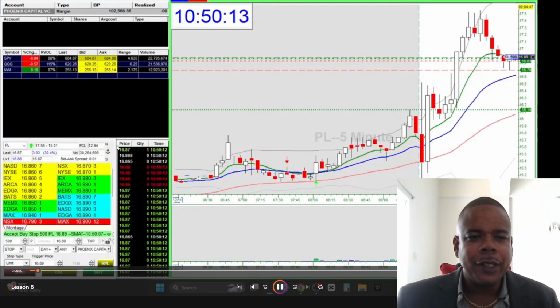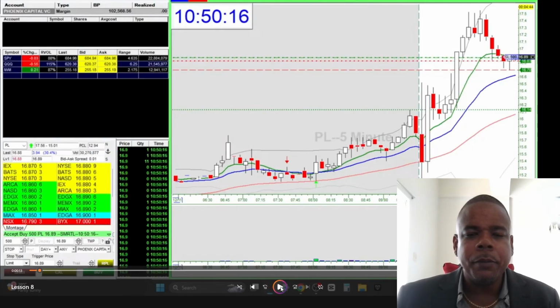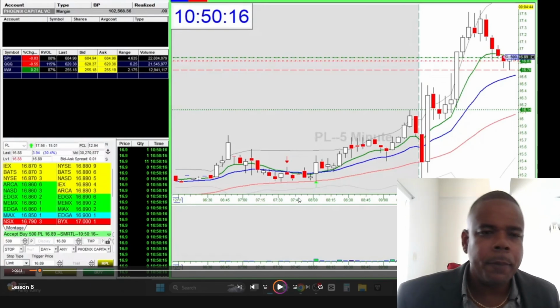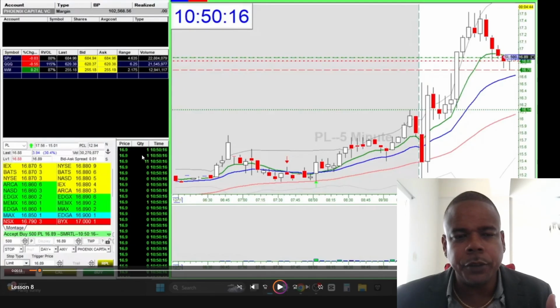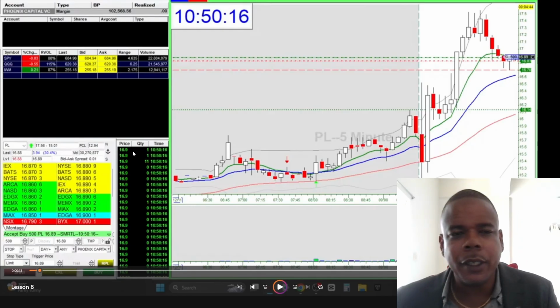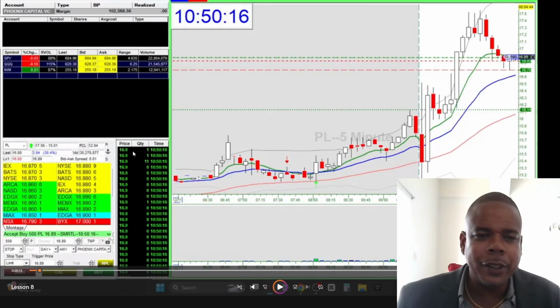Now, this second box: every time shares trade hands from a seller to a buyer, this box shows the transaction. Again, we have to multiply by 100. So what this is saying is that at 10:50:15, 100 shares exchanged hands from a seller to a buyer at $16.90.